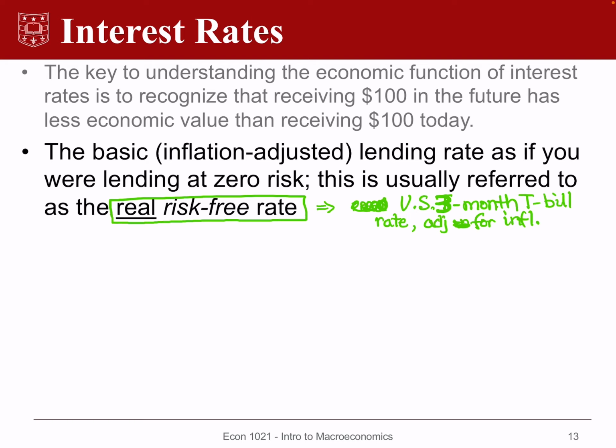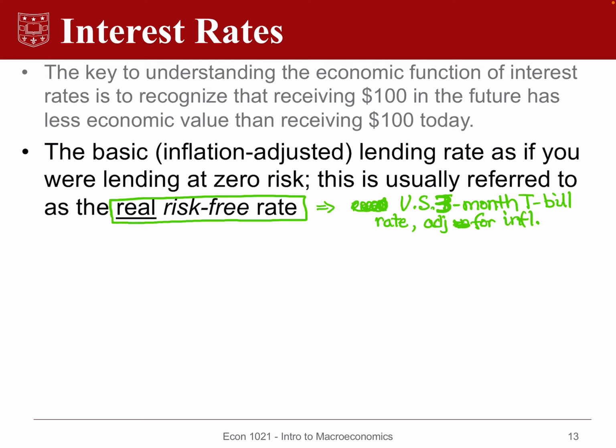Now, why is that? So first of all, what is a treasury bill? When the government runs a budget deficit, it has to borrow, and it borrows by issuing little pieces of paper that say, I, the US government, promise to pay you a certain amount at some point in the future. And so that piece of paper has varying terms to maturity, and the term to maturity is the duration until you would be paid if you're holding that treasury bill.